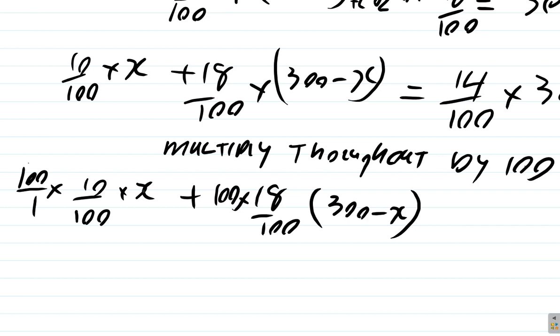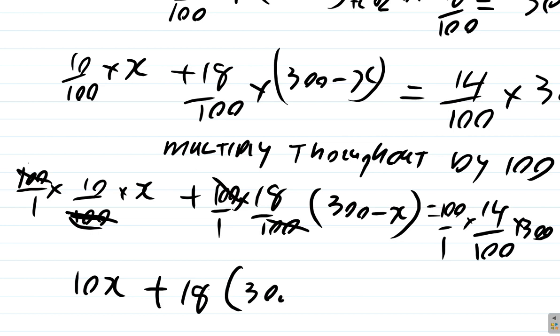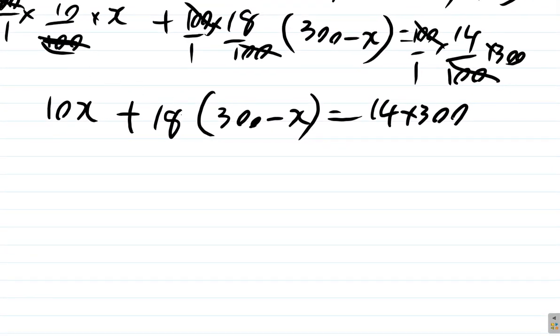Remember, when you multiply by 100, it's 100 over 1. 100 cancels 100, so we get 10x plus 18 times 300 minus x equals 14 times 300. See that? So let's see what happens.